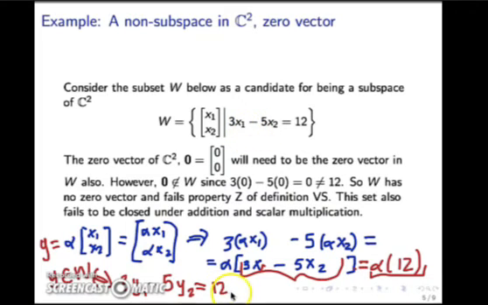That's the definition of being in W. That doesn't happen here. Here you're getting 12 alpha. Therefore, this set regretfully fails to pass the test of being a subspace.